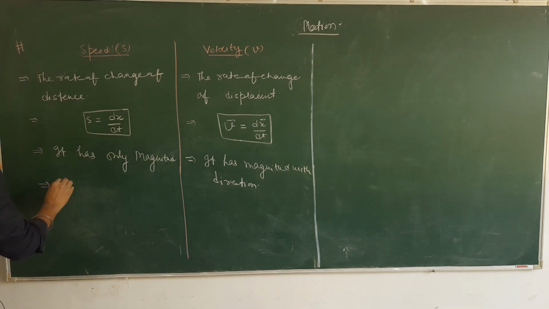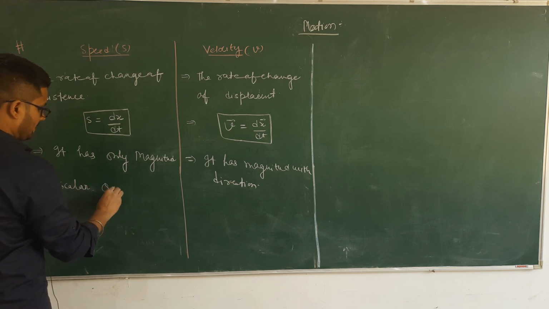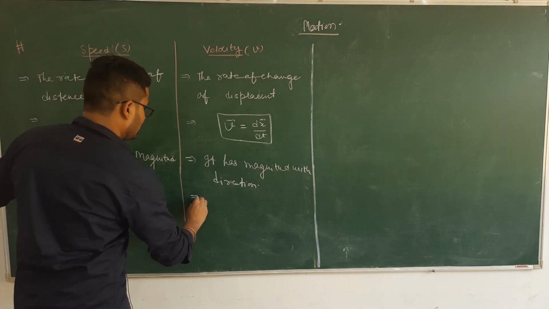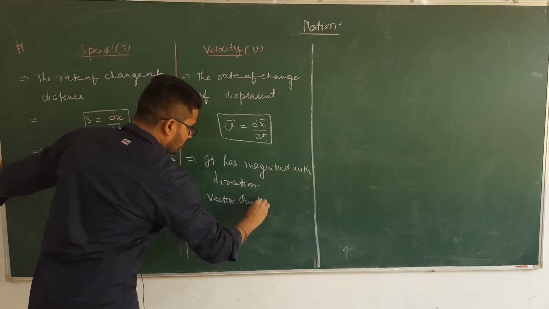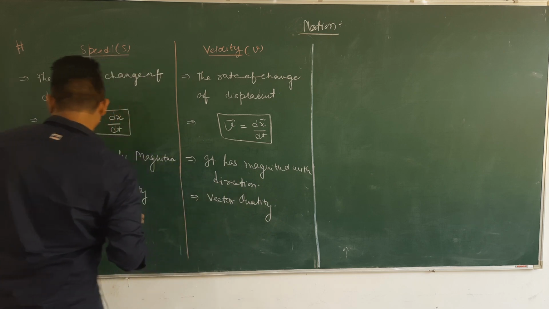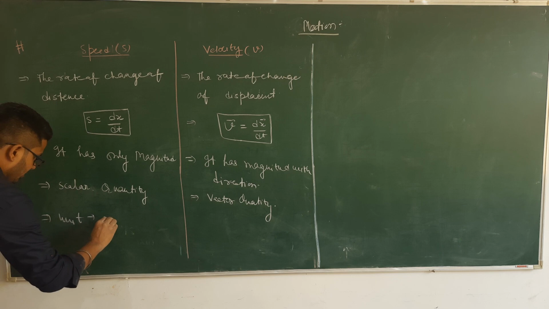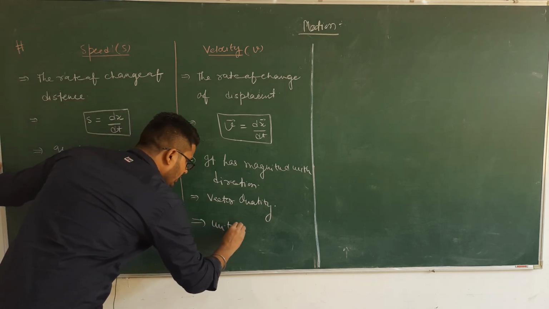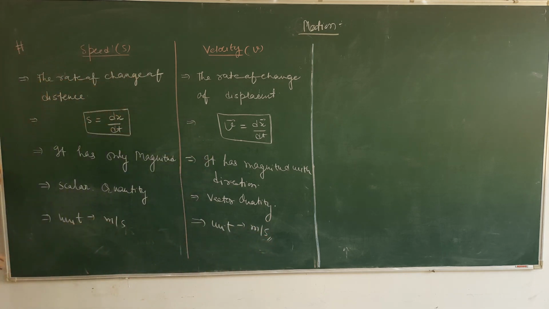This is a scalar quantity, and this is a vector quantity. The unit for measuring speed is meter per second, and the units are the same, so the unit of velocity is also meter per second.